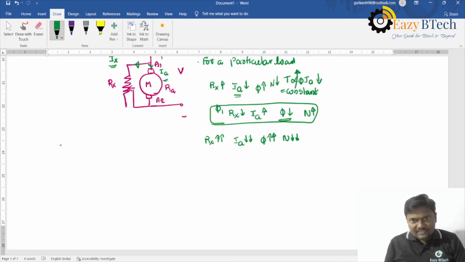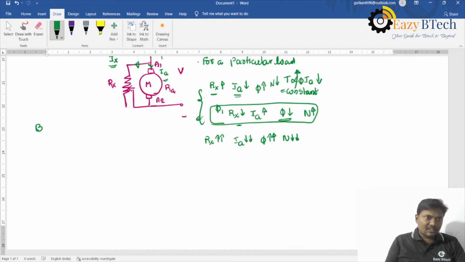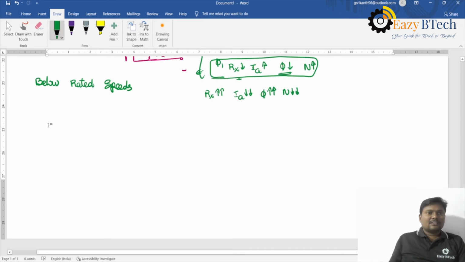This method I am explaining lies in between these two, and it is suitable for below rated speeds.